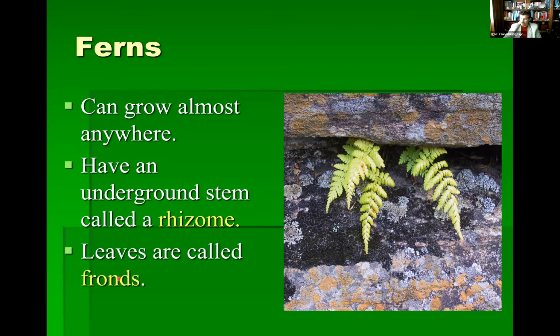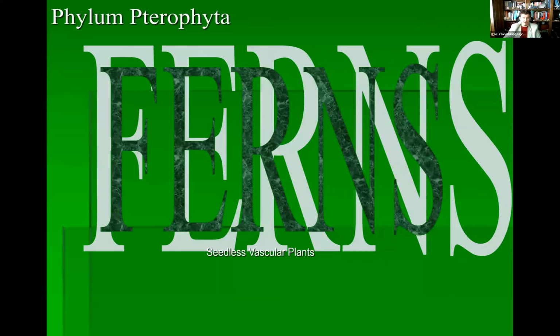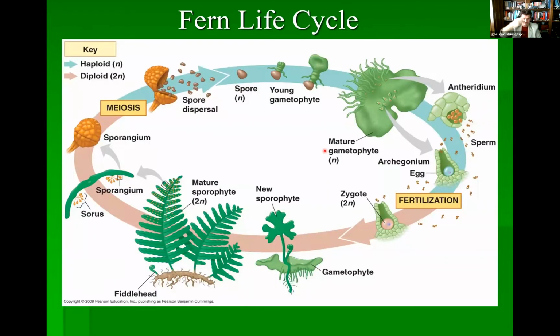So yes, and the leaves we'll talk about, they're called fronds. So here, again, we're looking at the alternation of generations. Here we're looking at the adult mature sporophyte, so a diploid structure. That particular one is the underground stem, the rhizome.